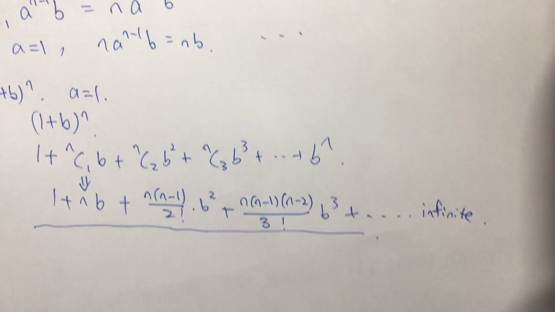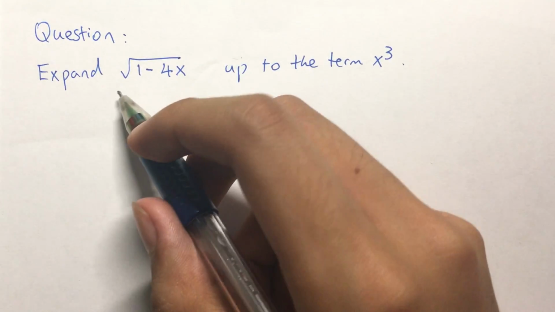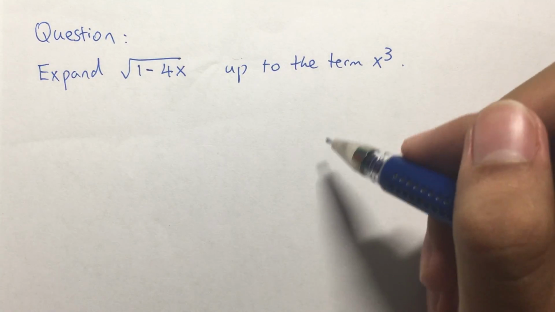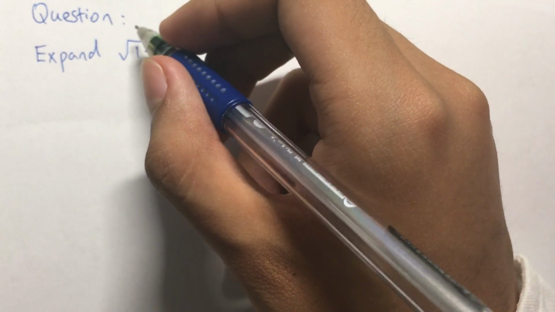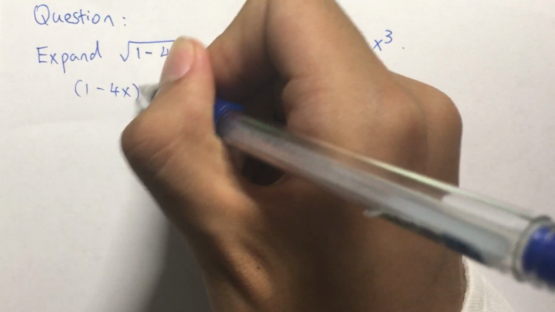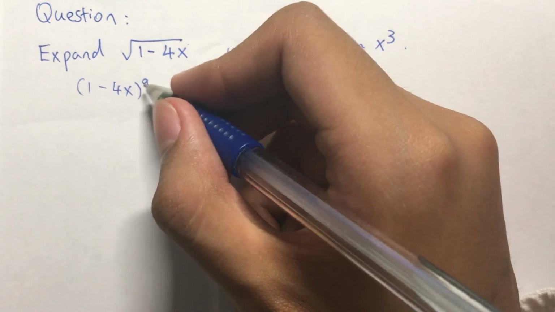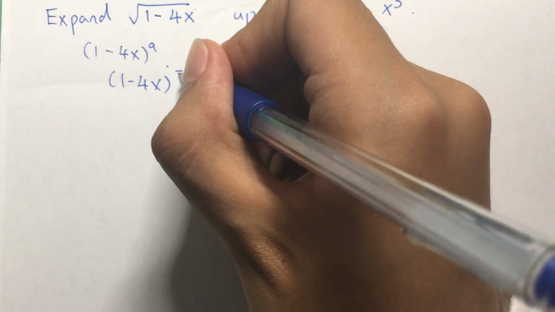And now let's try some questions. The first question is very simple, which is just to expand this up to the term x cubed. Firstly, seeing this, we should try to change it into a form like (1 minus 4x) to the power of a. We know that the square root is actually the power of a half. So we can simply write (1 minus 4x) to the power of a half.